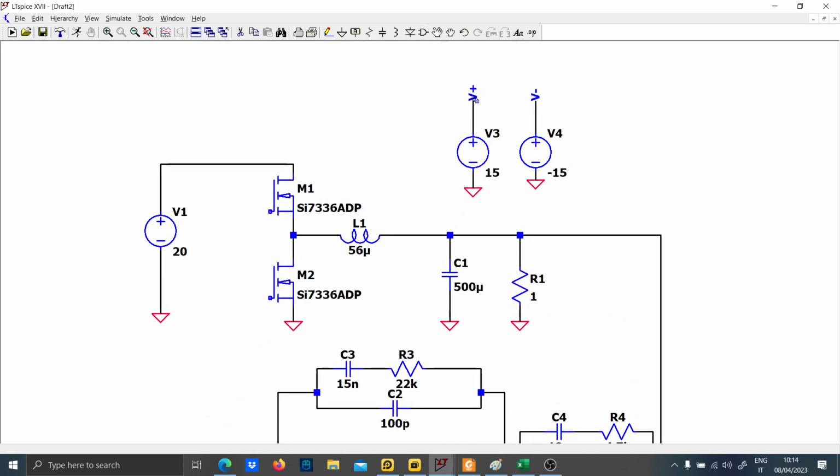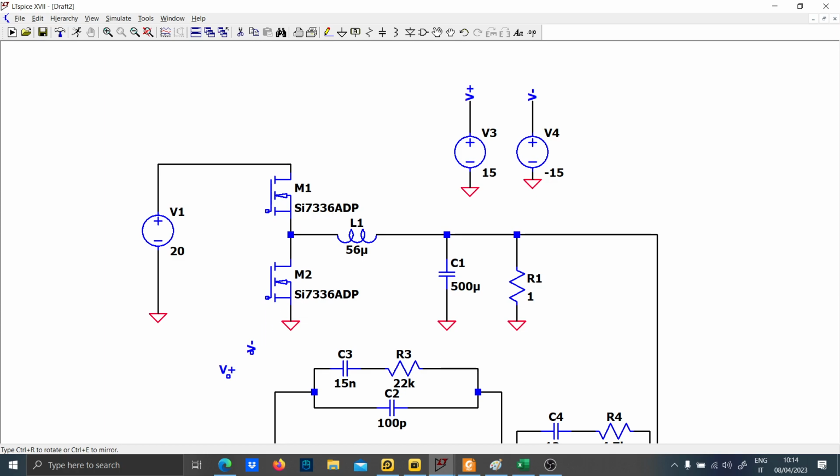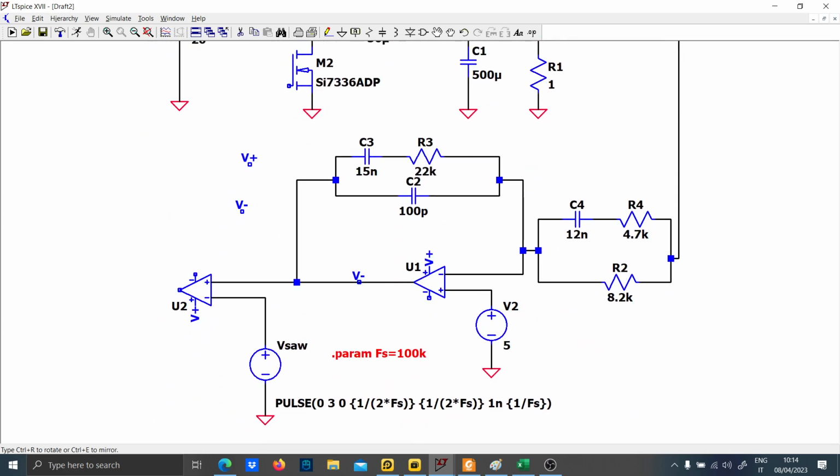So now let's put V plus here and V plus here, V minus here, and V minus here.